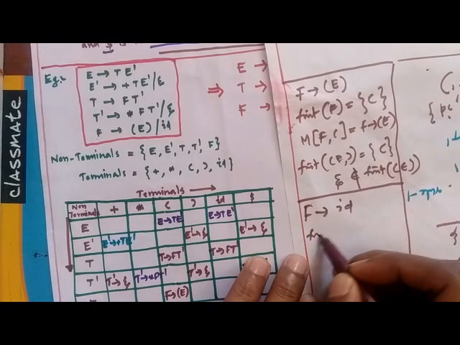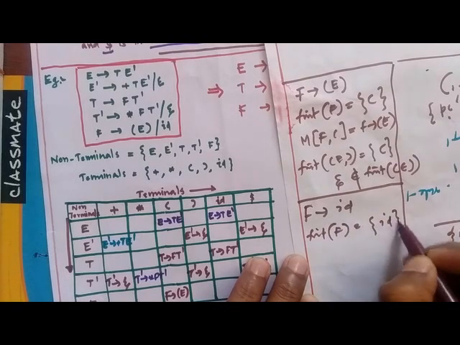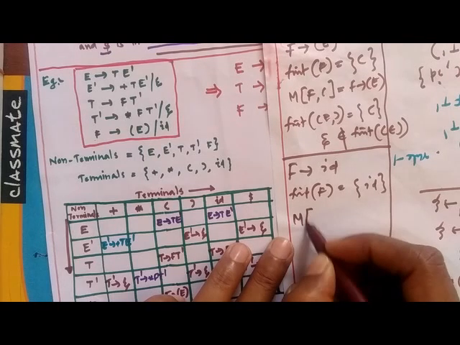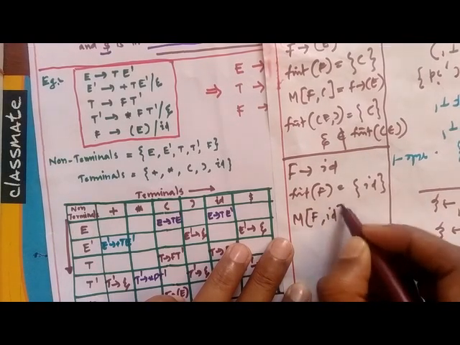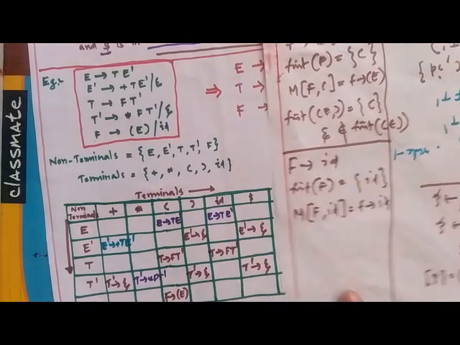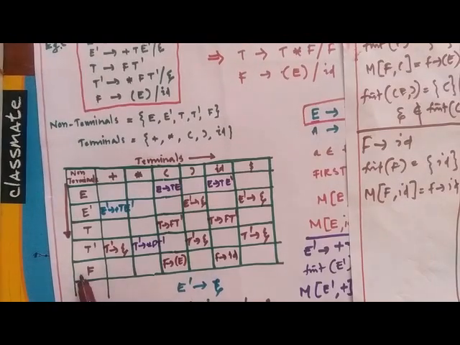First we compute first of F, which is equal to id, so we add F gives id in M of F id.